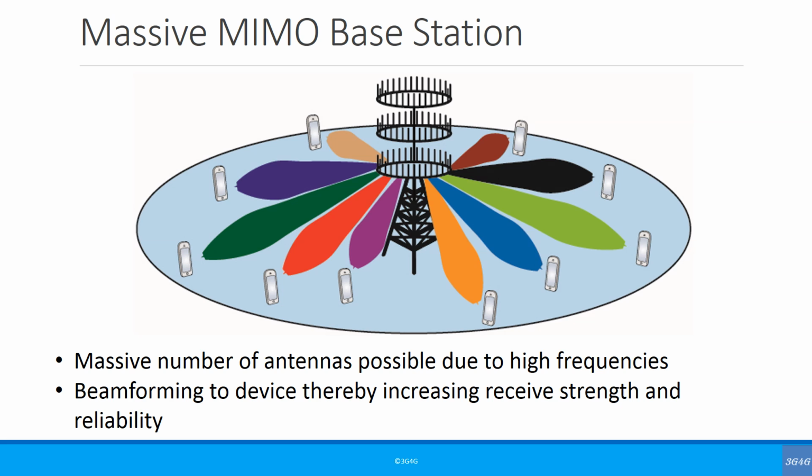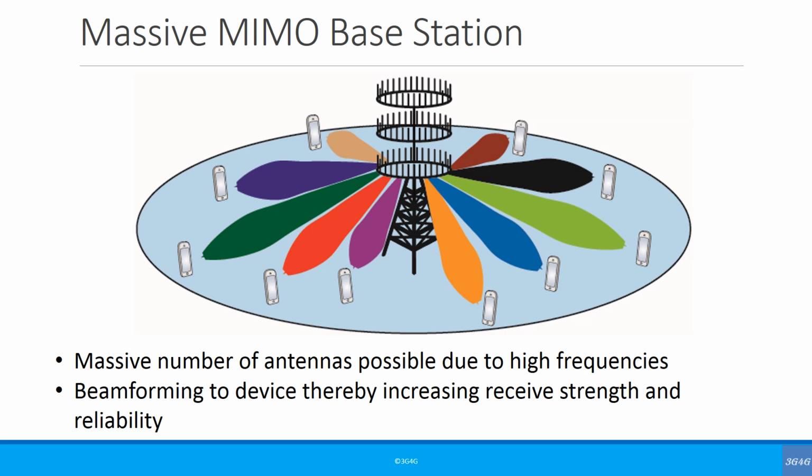The base station will again have a lot of antenna elements. This is one of the pictures from an IEEE magazine, I think, and it shows that there are lots of antenna elements at this particular base station. What these antenna elements allow you to do is create a beam.